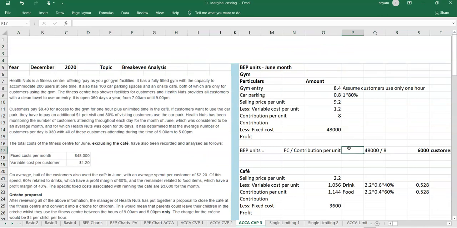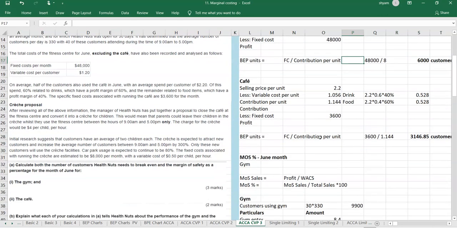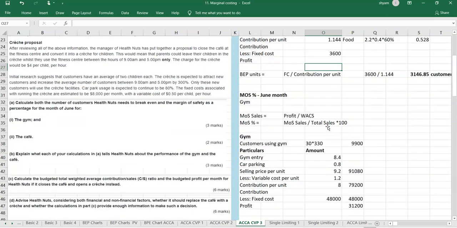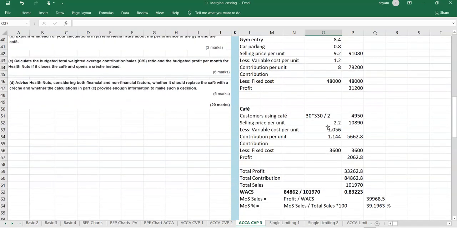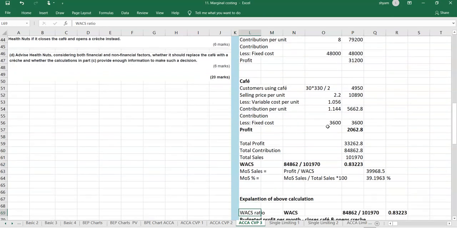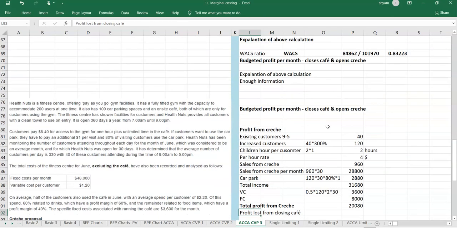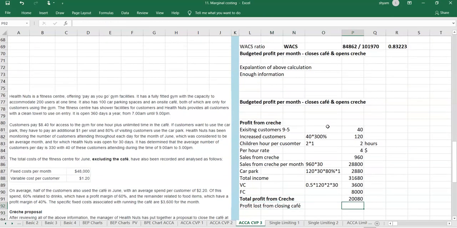We'll get it from the top. So the cafe profit is this number, right? It is 2062.